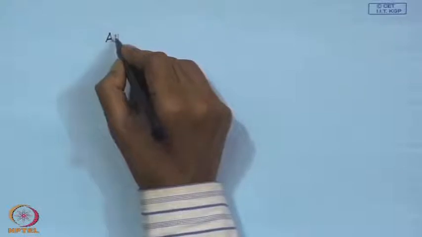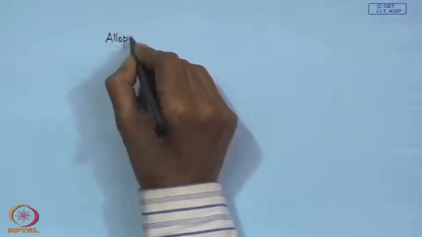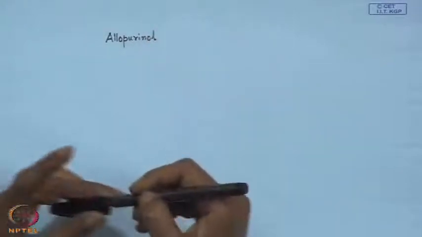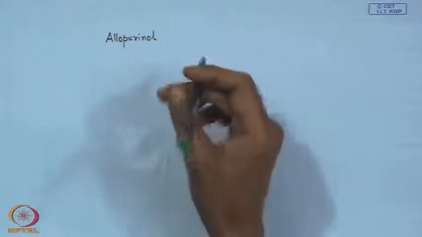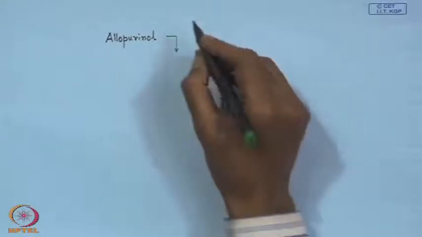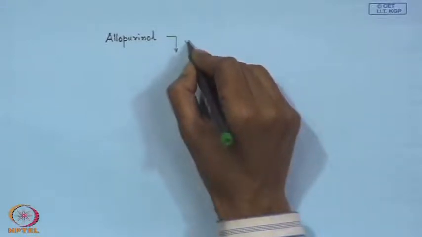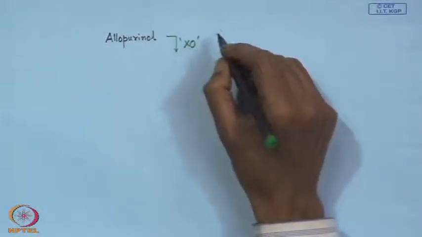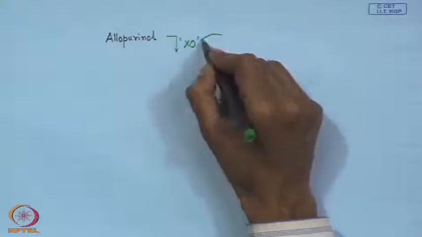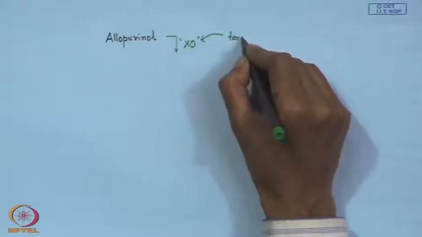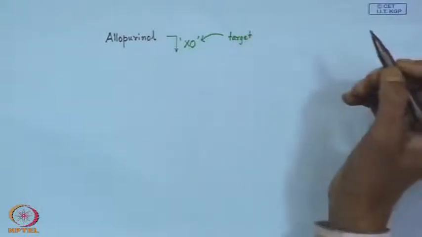This allopurinol will be a molecule related to xanthine itself. This particular allopurinol will be acting on xanthine oxidase, because xanthine oxidase is the target for different drugs.